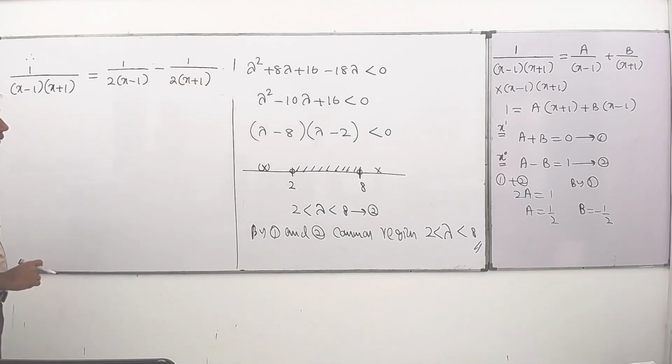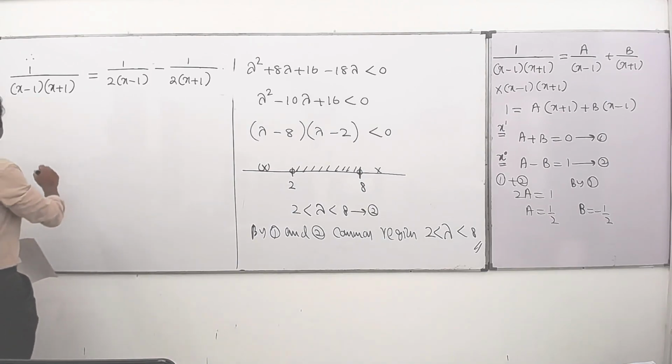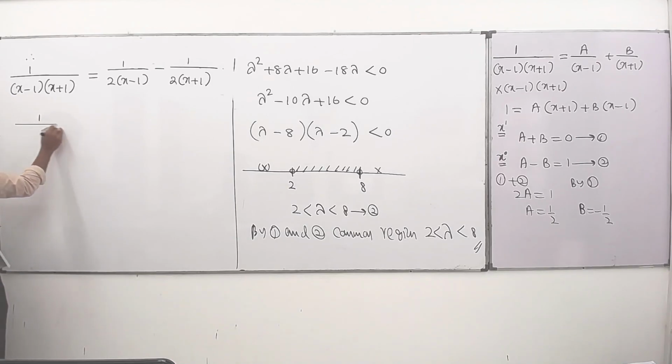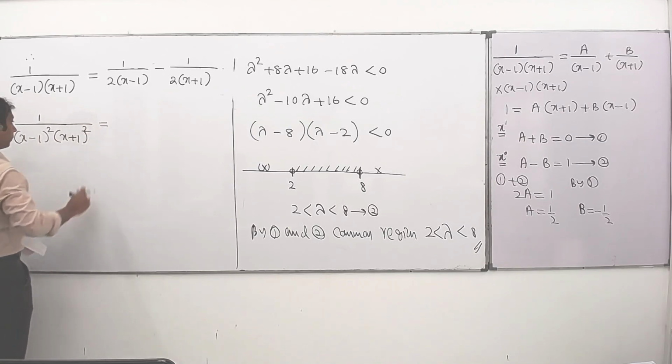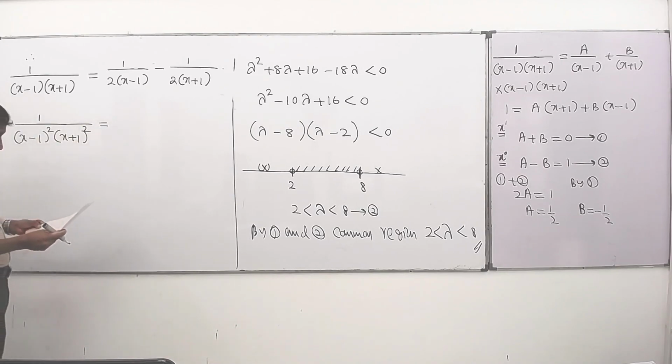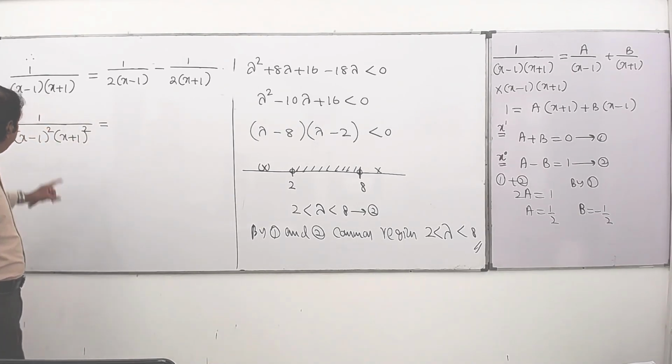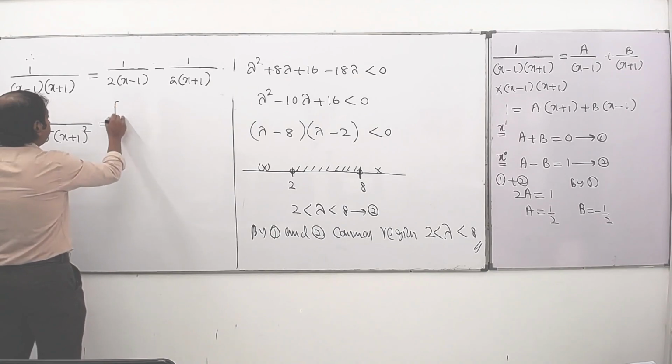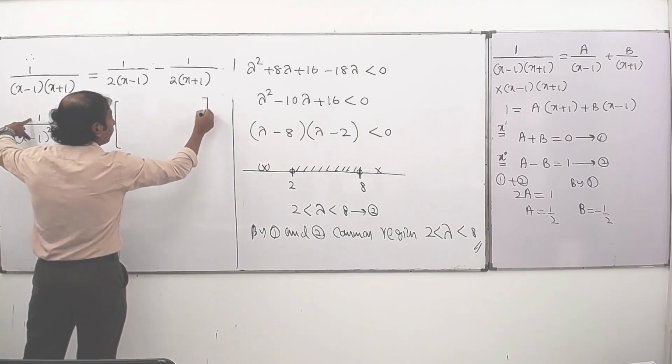Right. Now, secondly, asking the partial fraction of 1 over (x minus 1) squared into (x plus 1) squared. This means the perfect square of this.